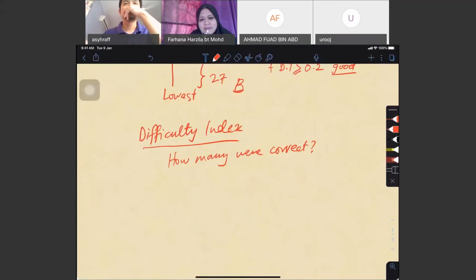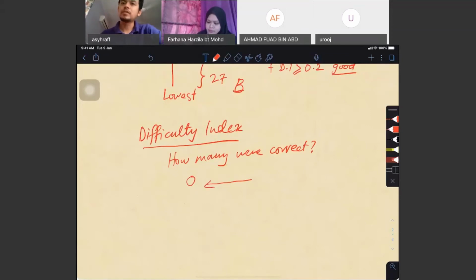The lowest possible value is 0, isn't it? Okay, 0 is when nobody can answer, nobody got it correct. What's the highest value? 100 if you use percent. If you use decimal, it will be 0 to 1.